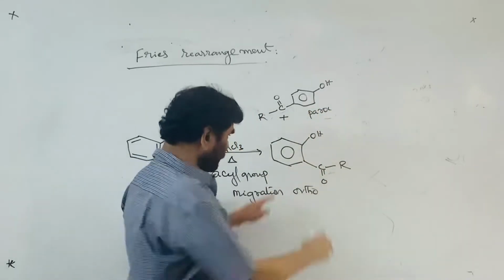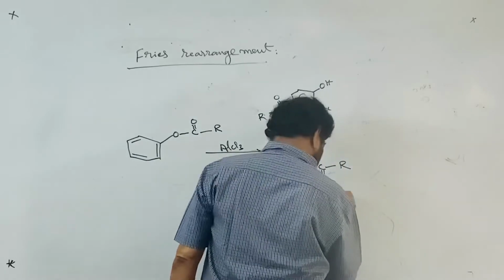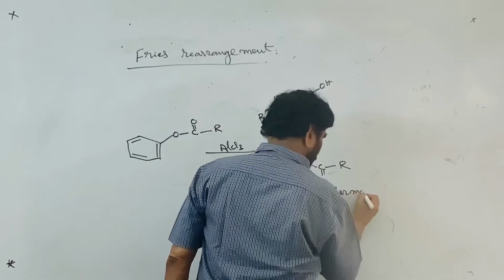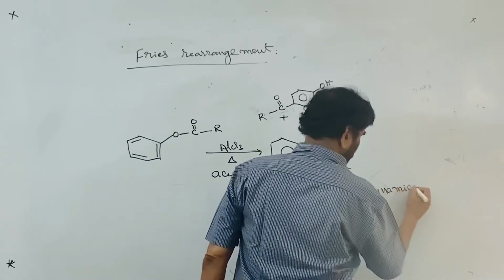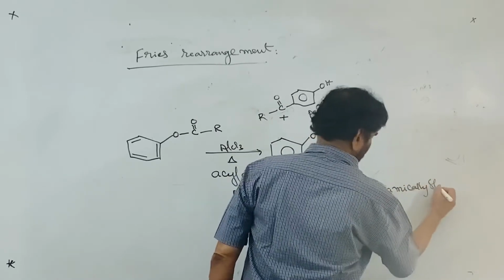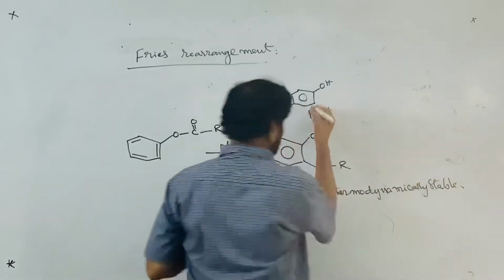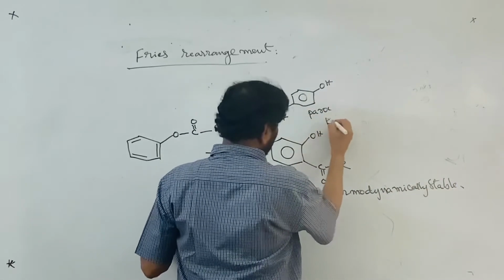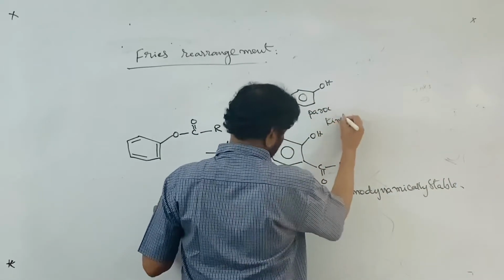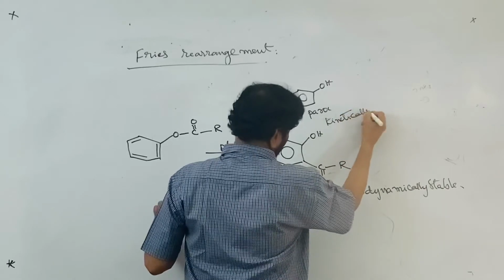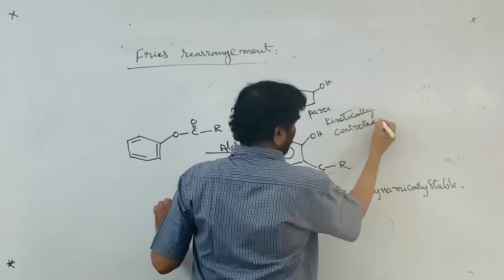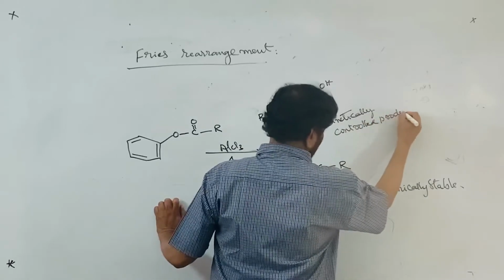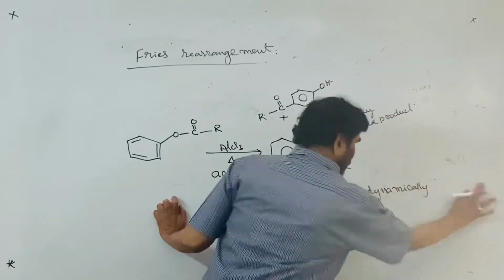One is thermodynamically stable. These are parallel reactions. One is the kinetically controlled product, and the other is the thermodynamically controlled product.